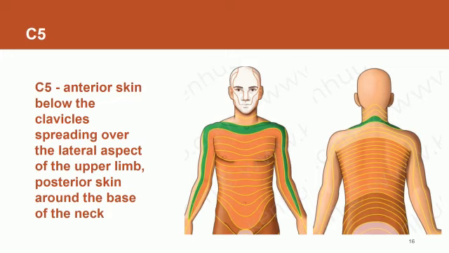The humerus is the bone present in the arm and the radius is the bone present on the lateral side of the forearm.